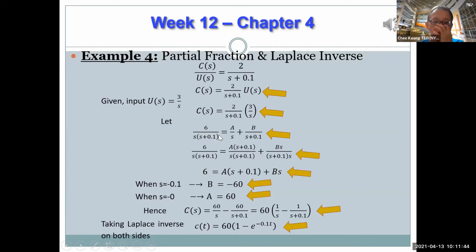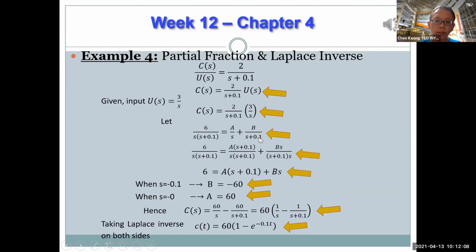Now, in order to do the Laplace inverse, first of all, we have to separate them into 2 terms by using partial fraction. So using partial fraction, as you did in your mathematics, first of all, you have to equate this. We let 6 over s plus 0.1 equal A over s plus B over s plus 0.1.